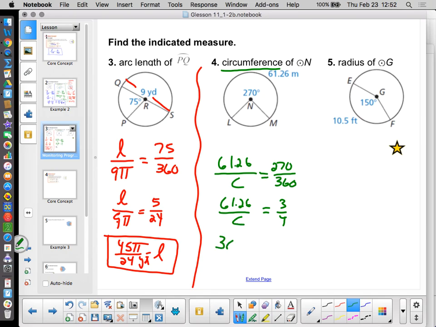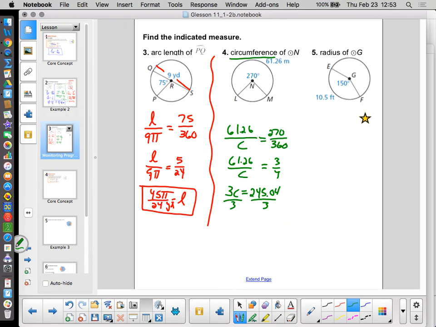And so 3C equals 4 times 61.26, which is 245.04, divided by 3, and 81.68. And again, we should give units, that's meters, context.